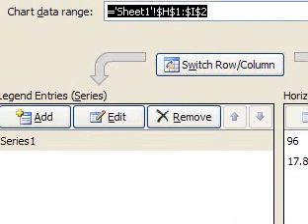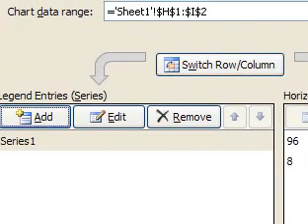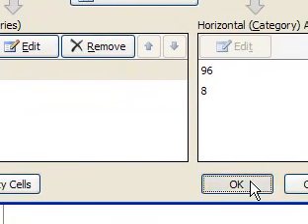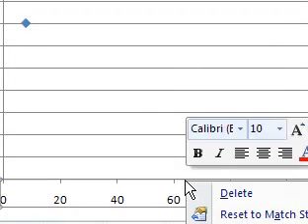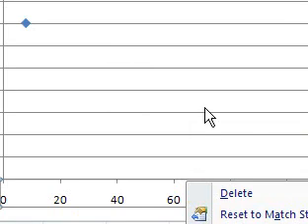Among that is that I have to turn the data around. So select data, and this is the newest Excel, switch rows and columns. Okay, there we go. And then I have to change the x-axis.